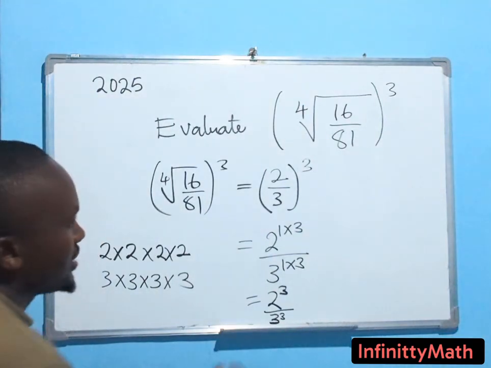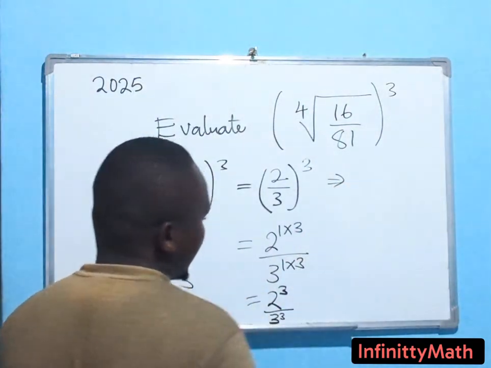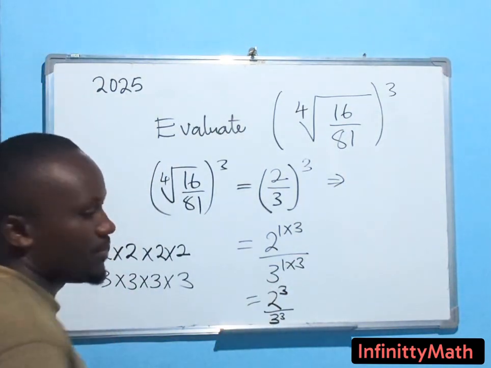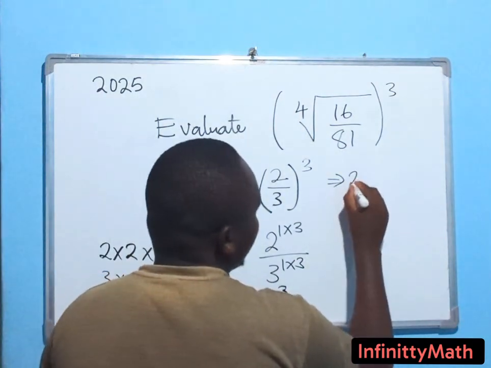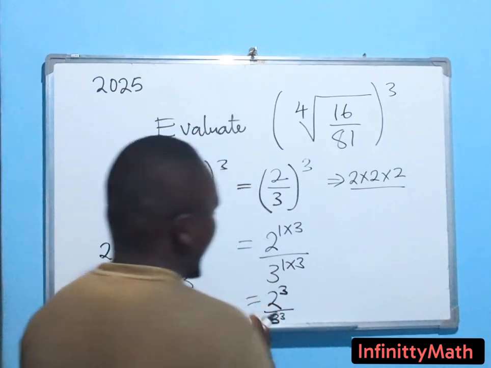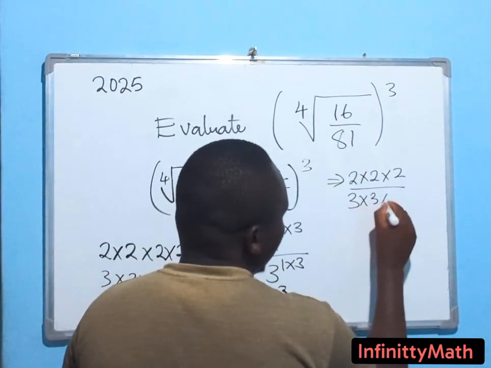Now, what does that give us? We are going to get 2 to the power 3, which means multiplying 2 by itself 3 times. So this is 2 times 2 times 2 over 3 to the power 3, which is just multiplying 3 by itself 3 times.